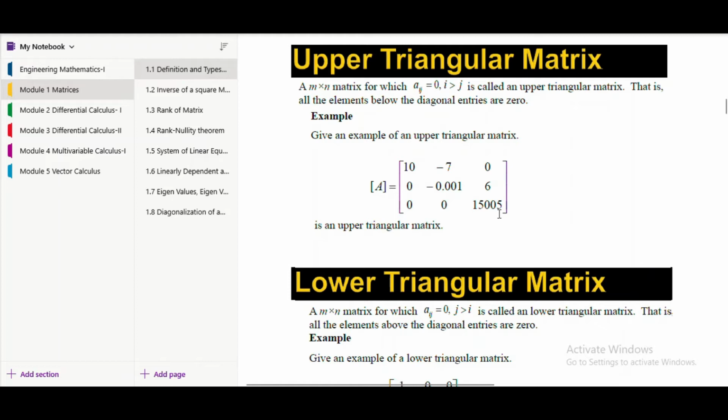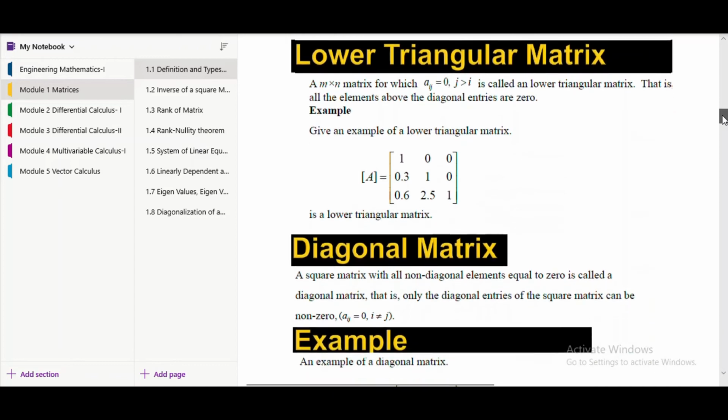This is an upper triangular matrix because this is the principal or main diagonal, and all the elements below the main diagonal are 0. There is also a 0 element above the principal diagonal, but we have to focus mainly on below the principal diagonal. So all the entries should be 0 below the principal diagonal in an upper triangular matrix.